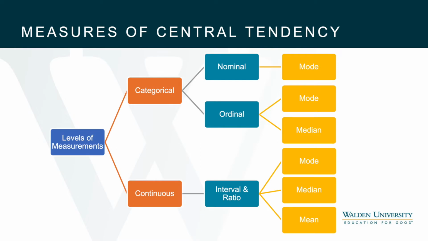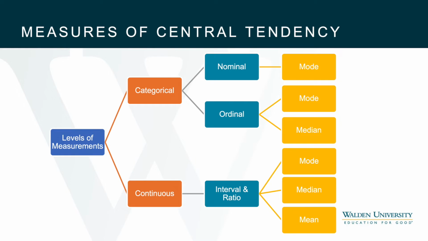Now let's apply the three measures of central tendency to our levels of measurement. Remember, we have categorical variables that can be nominal or ordinal, and we have continuous variables that can be interval or ratio, that SPSS calls scale. A nominal variable can be presented with the mode and only the mode.